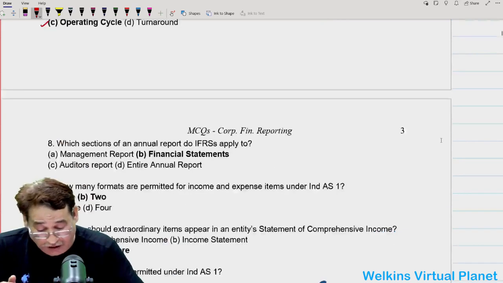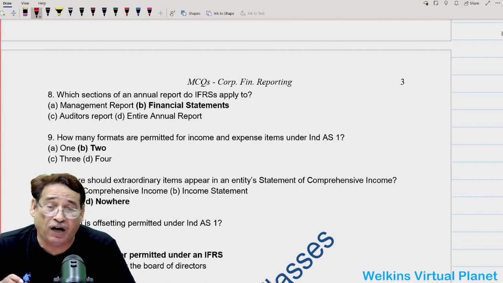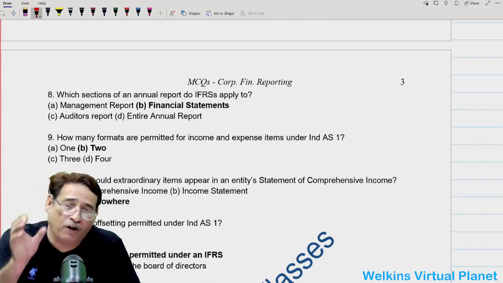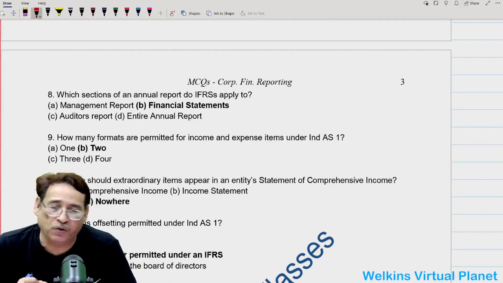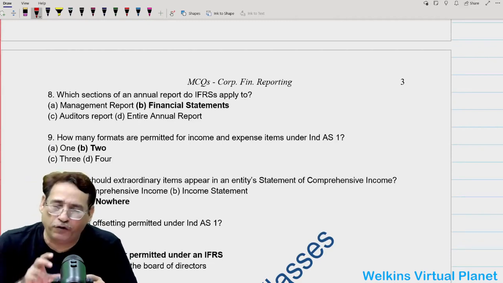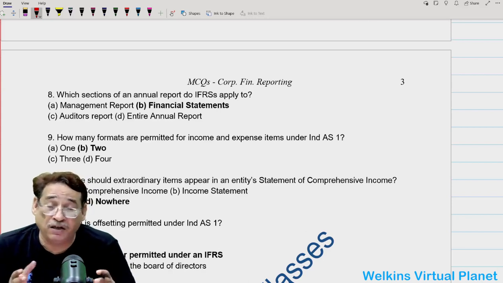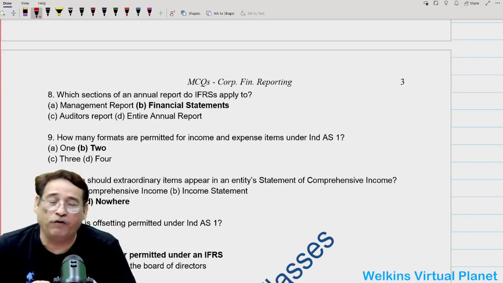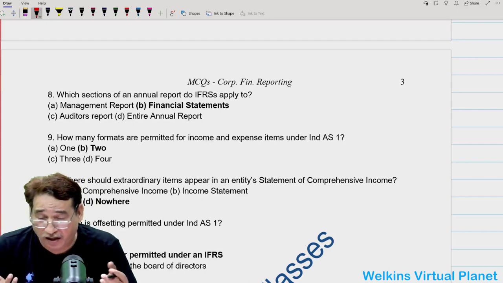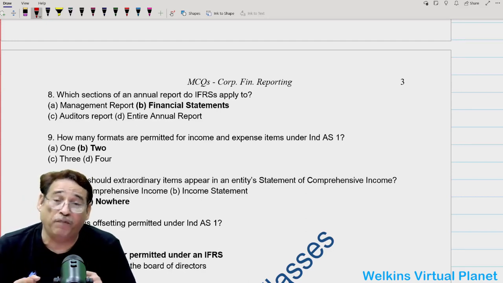And similarly, which section of an annual report do IFRS apply to? Now, as a professional student, you must see annual reports of particular companies. If you see an original annual report, generally it contains between 40 to 50 pages, to be very honest with you. In many cases, you'll find that annual reports comprise 40 to 50 pages, correct?